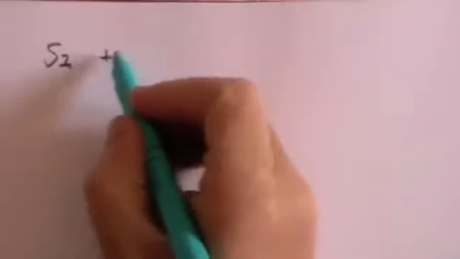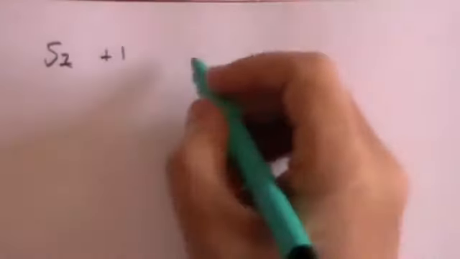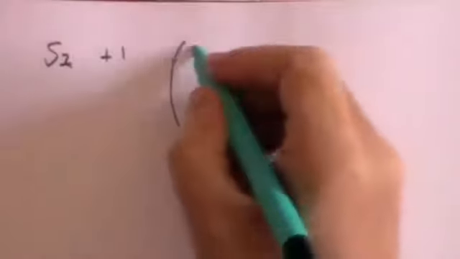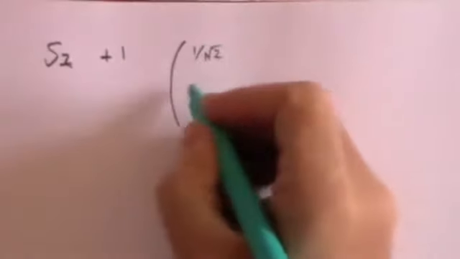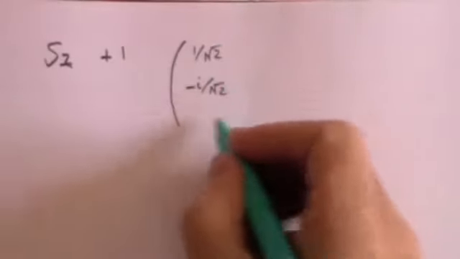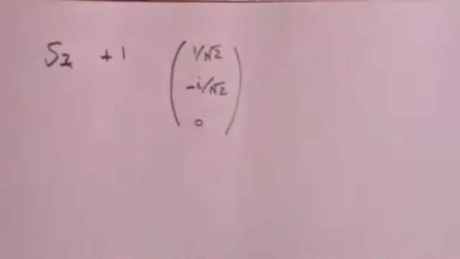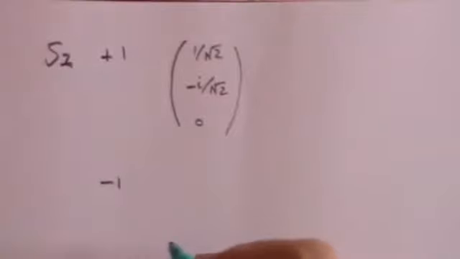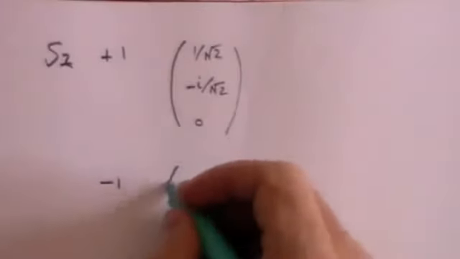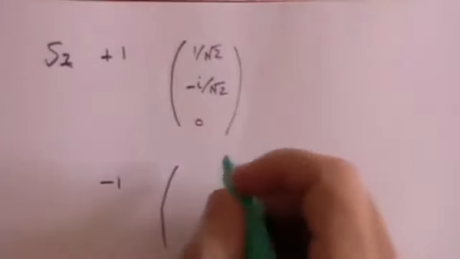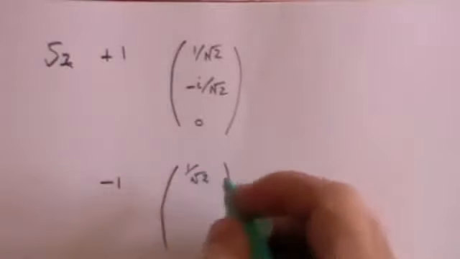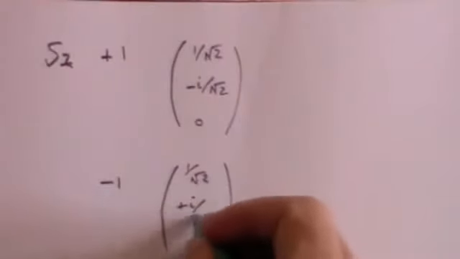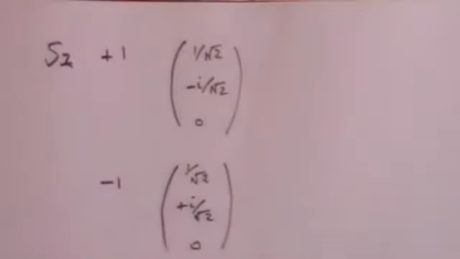So for Sz, and with the eigenvalue +1, we've just shown that the eigenvector is 1 over root 2, minus i over root 2 and 0. I can tell you that if you wanted the eigenvalue -1, the eigenvector would turn out to be 1 over root 2, plus i over root 2 and 0.